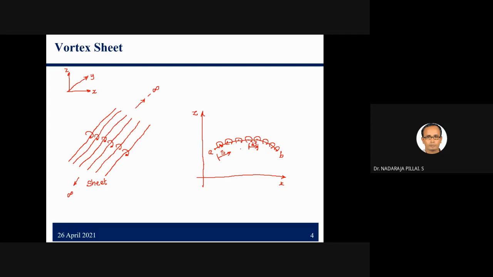Now, I take any point on the sheet and I would like to find the effect of that particular vortex sheet on the point P. The point P is located at a distance R, say from ds. ds can be any elemental length.